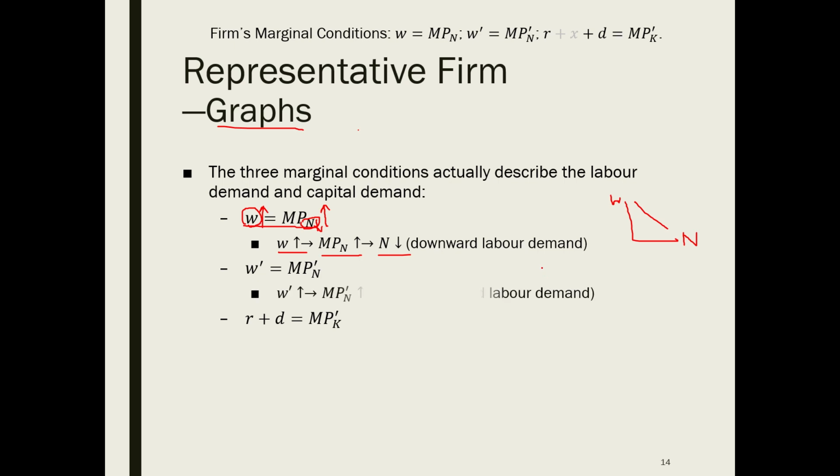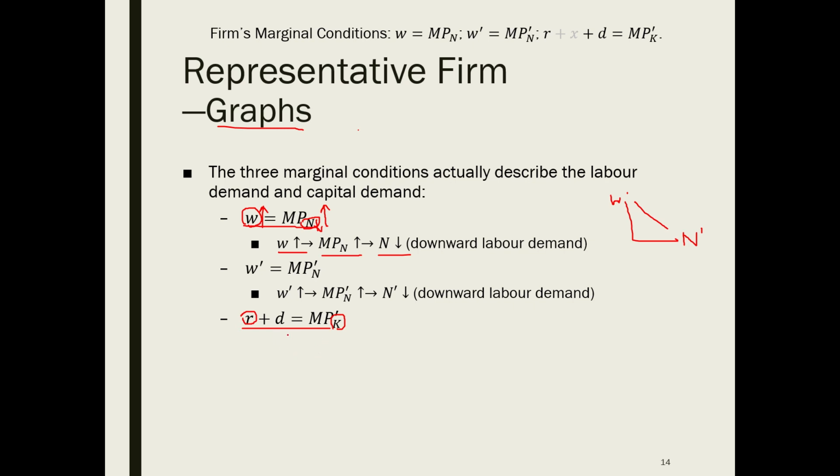The same analysis applies to the future labor demand curve. The intertemporal condition: R plus D equals the marginal product of capital in the future period. Step 1. We know that capital demand K prime is endogenous, while interest rate R is exogenous to the individual firm. Step 2.